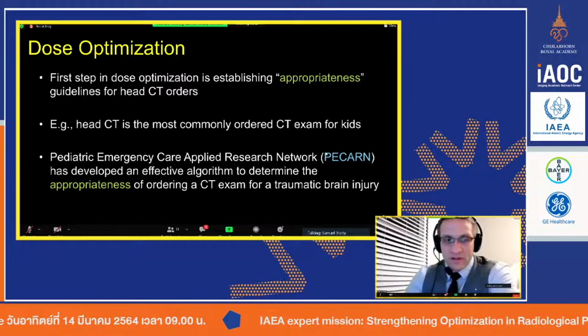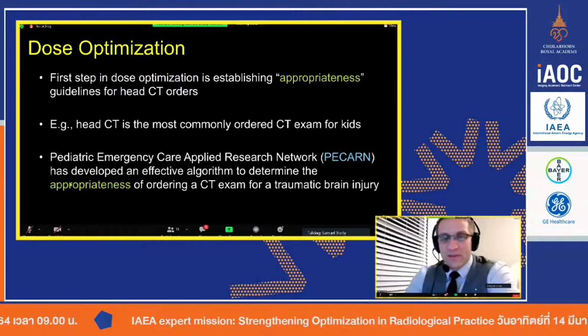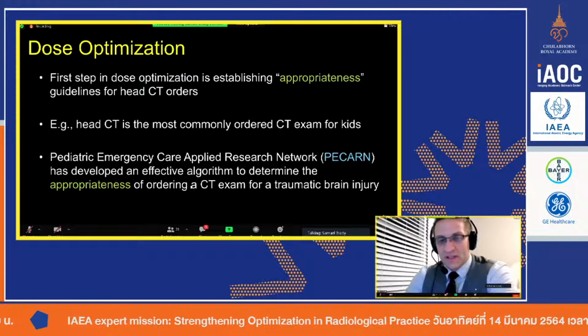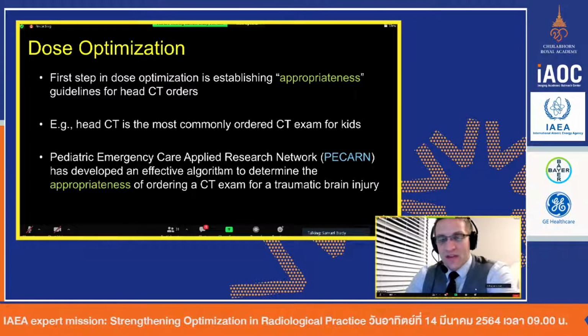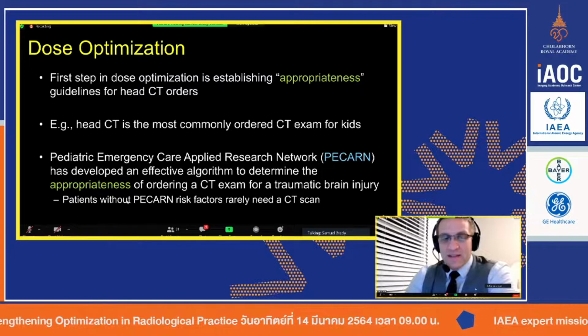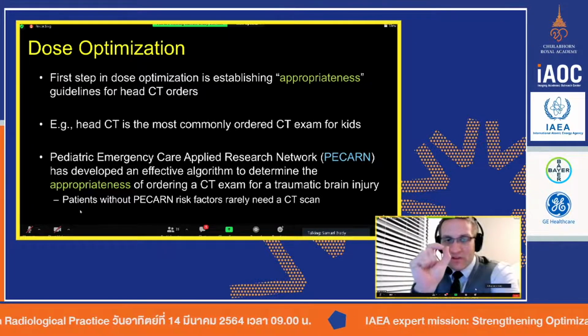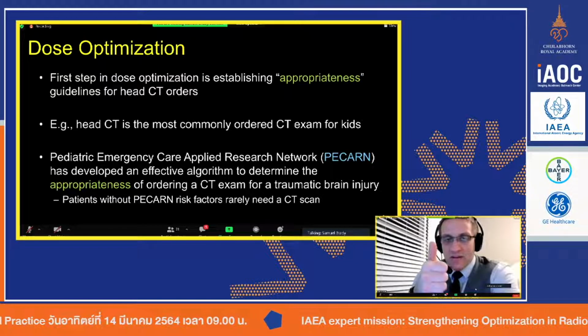for short. And what they did is they looked at when it is appropriate to use a CT to scan for traumatic brain injury. And they basically said that if they meet very specific criteria, then yes, scan.